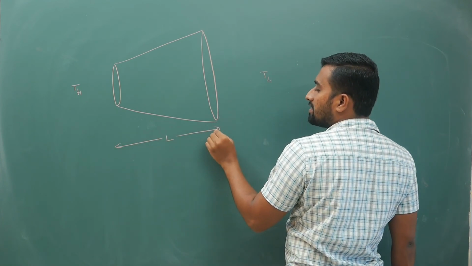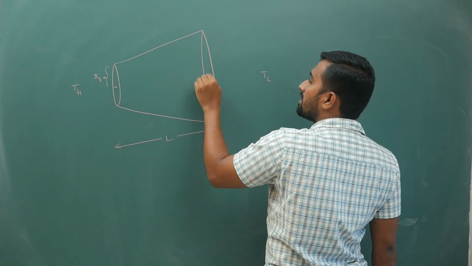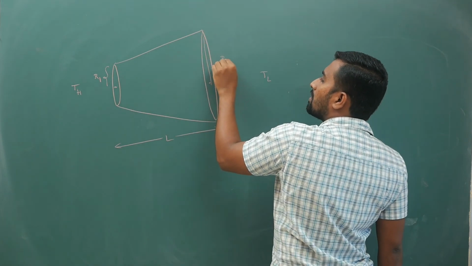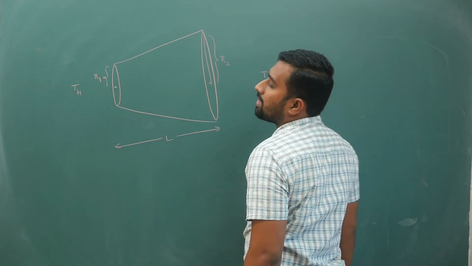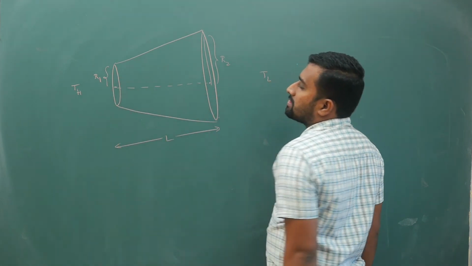Let us say this length is L, this radius is R1, this radius is R2. Now for this you try to calculate the thermal resistance.